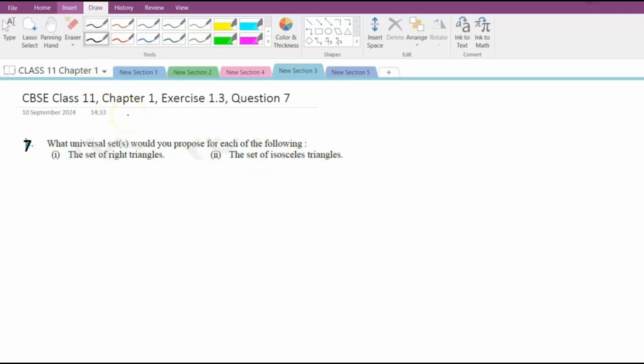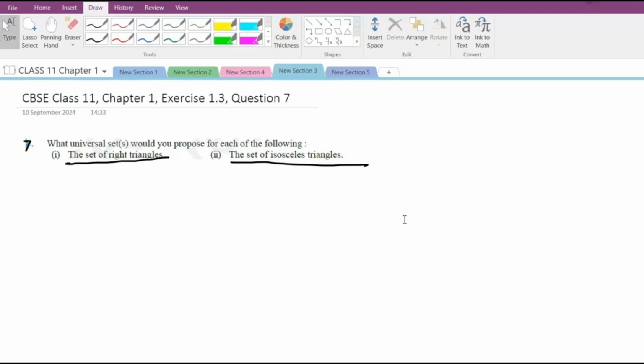Let's see the next question. What universal set or sets would you propose for each of the following? Set or sets means you can take the same set for both of these two options, or, if possible, you can take different sets. Okay, let's see the options first. The first is the set of right triangles, and the second is the set of isosceles triangles.